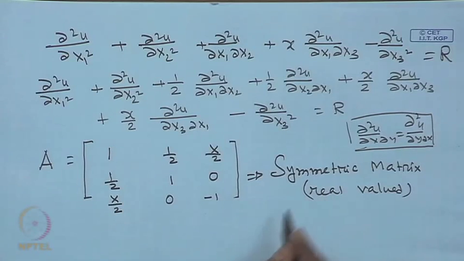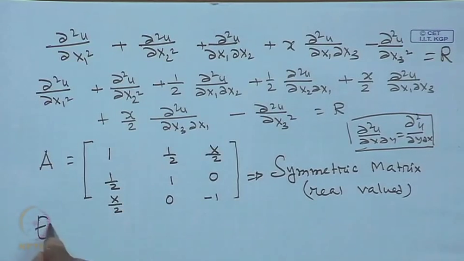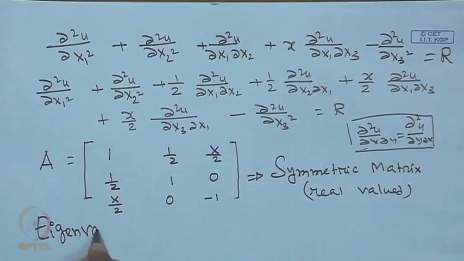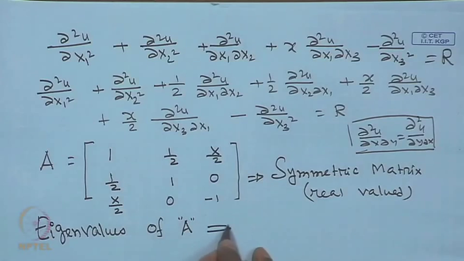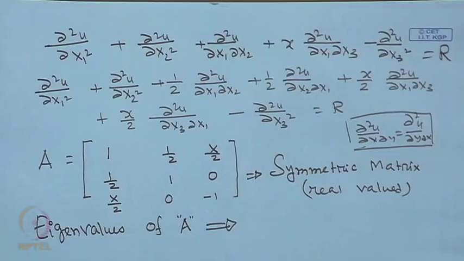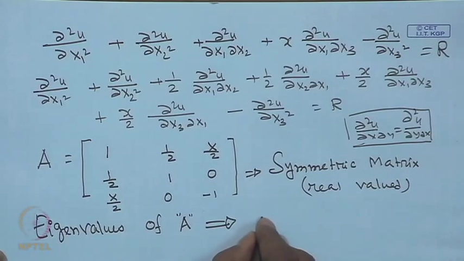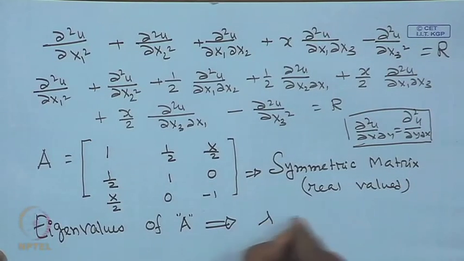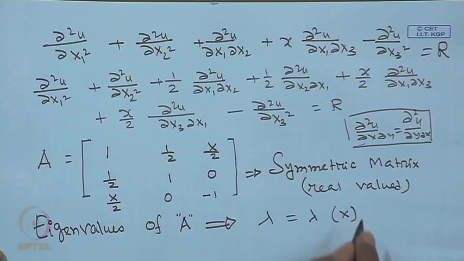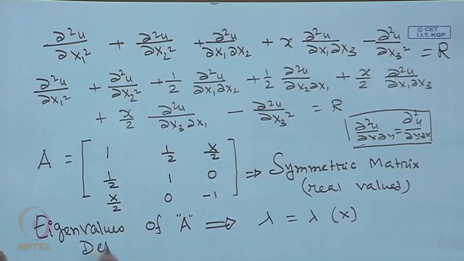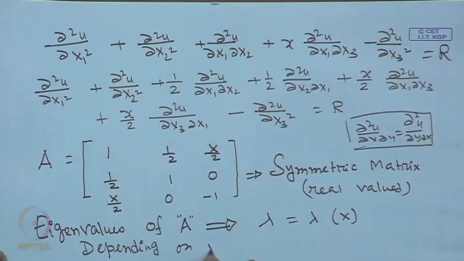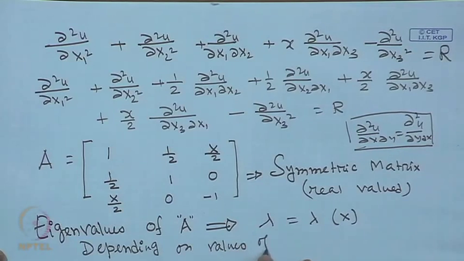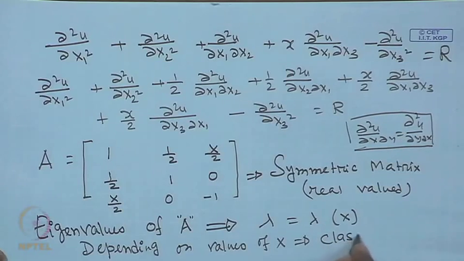Now, one can identify the eigenvalues of this matrix A, and the eigenvalues will depend on x. Definitely, these lambdas will be functions of x. So, depending on the values of x, we classify the partial differential equation.